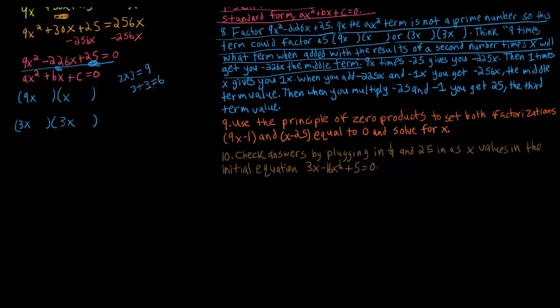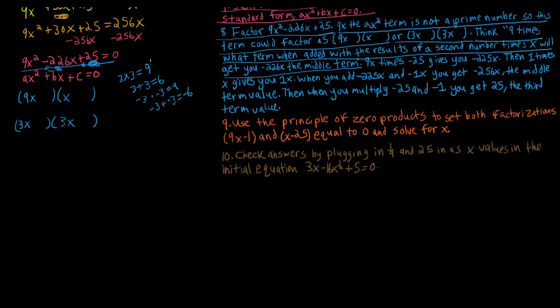But in this case, we have a positive last term but a negative middle term. So the only way to get that result when factoring is to use two negative numbers, because negative 3 times negative 3 is positive 9, but negative 3 plus negative 3 gives us negative 6.